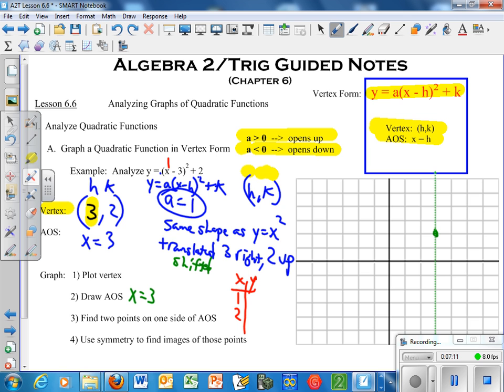I would have y equals, I'm going to do the work up here, (1 minus 3) inside parentheses squared plus 2. Well, 1 minus 3 is negative 2. Square that and add 2. If I square negative 2, I get 4. And I add 2, I get 6.